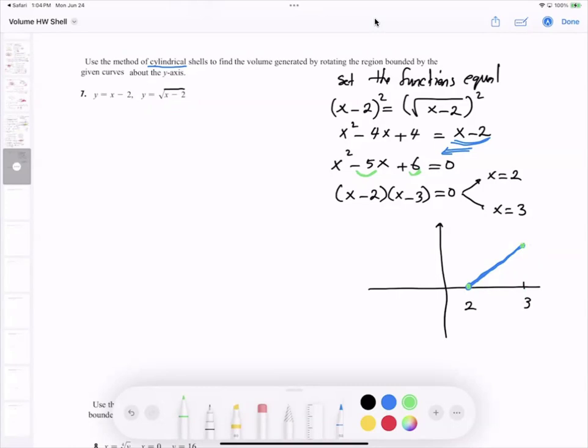But the behavior of this function is different. If you plug in 2.5 for x, which is a number in between, you get 0.5 for the line, and here you get square root of 0.5. So what's the behavior of this object?